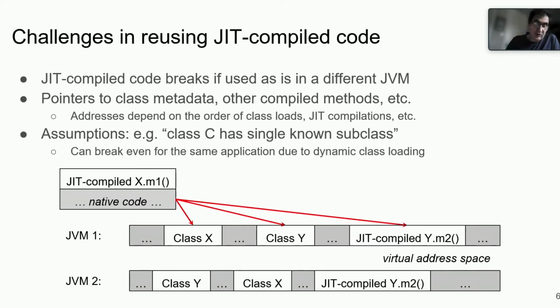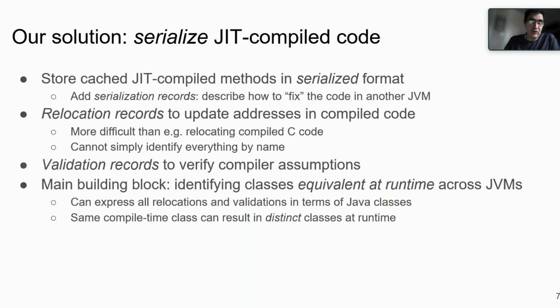And it gets even more complicated. How can we make sure that two classes in two different JVMs are equivalent? Because class name alone is not going to cut it. So our solution to these problems is to store compiled methods in the so-called serialized format, which adds some serialization records that specify how to fix up the code in another JVM.